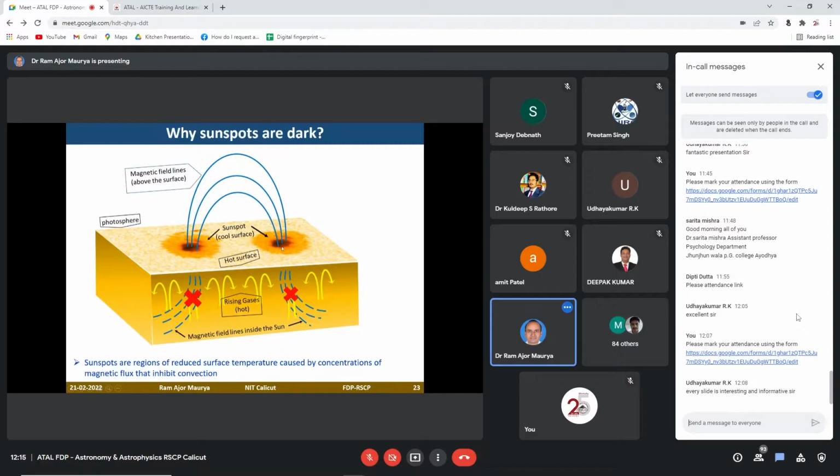That's why in the sunspot we see it darker, because that region is relatively cooler. It's not very cool, but relatively it is cooler. That's why they look dark.